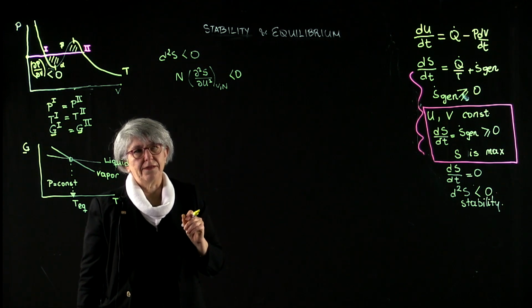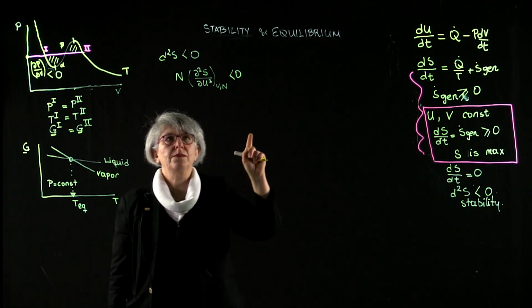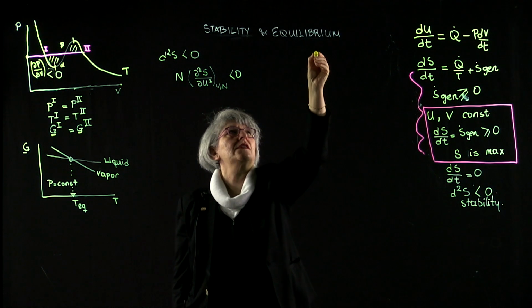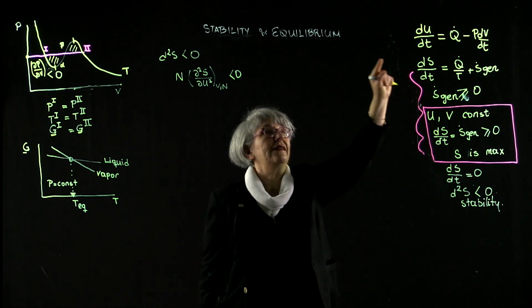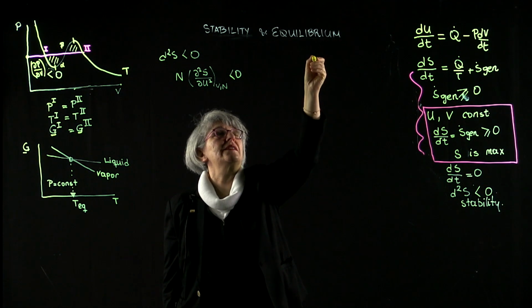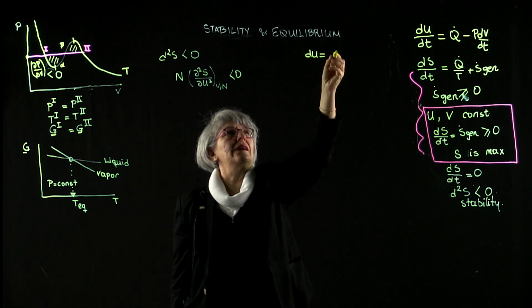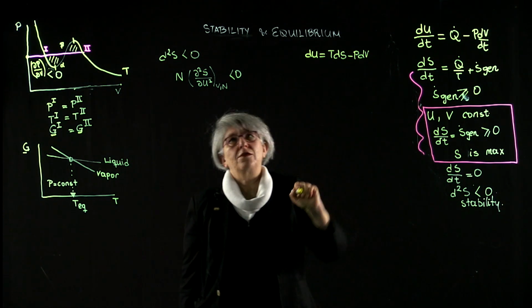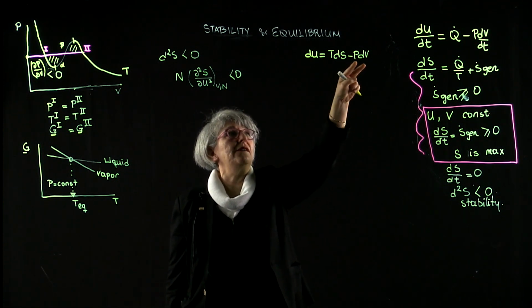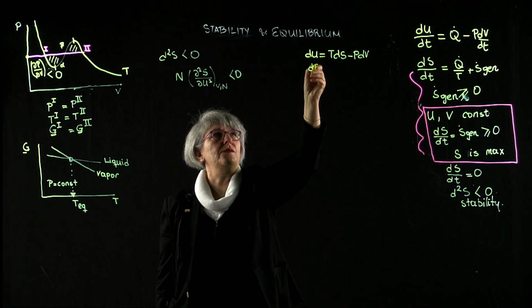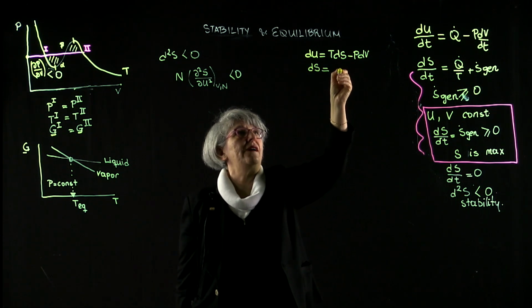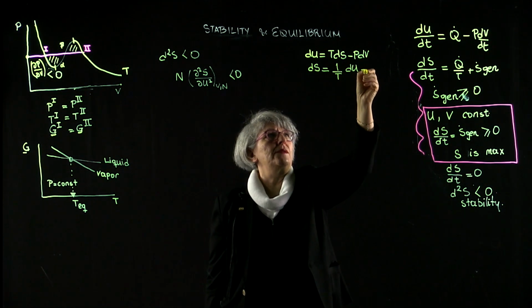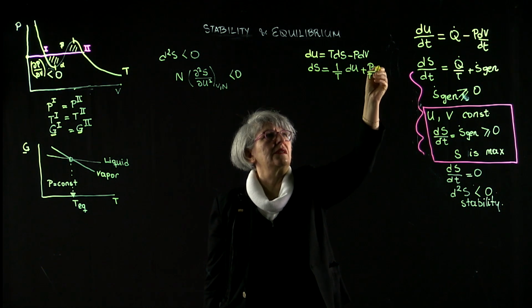In order to have this, we will start from the internal energy. Let's just have our internal energy function here. They are derived from those two equations, but let's have it at our proximity for convenience. And if we extract entropy from this equation, we're going to have 1 over T dU plus P over T dV.